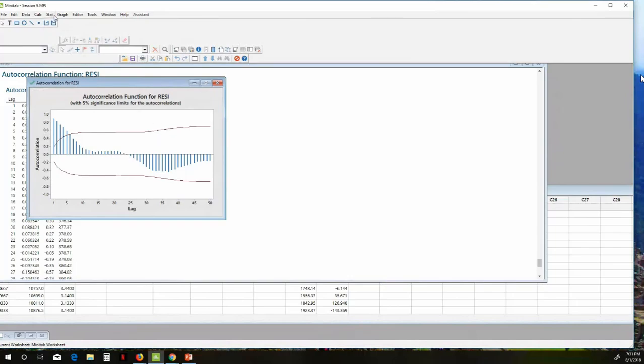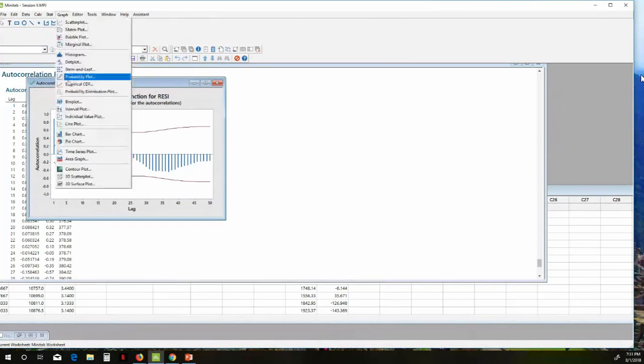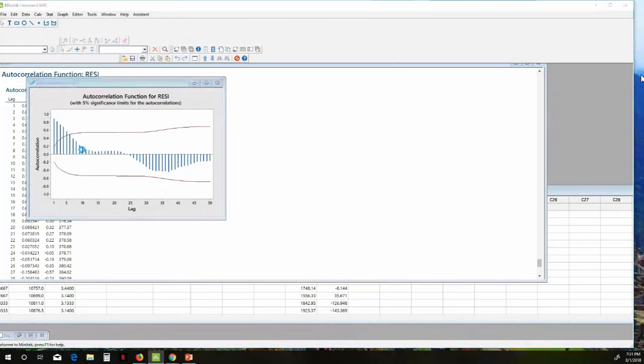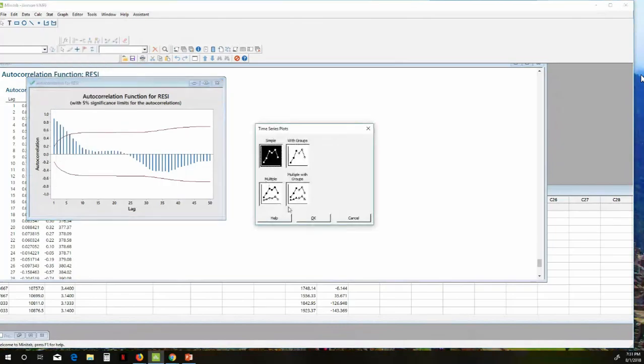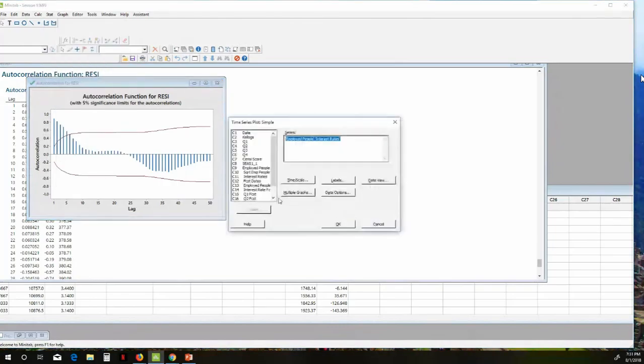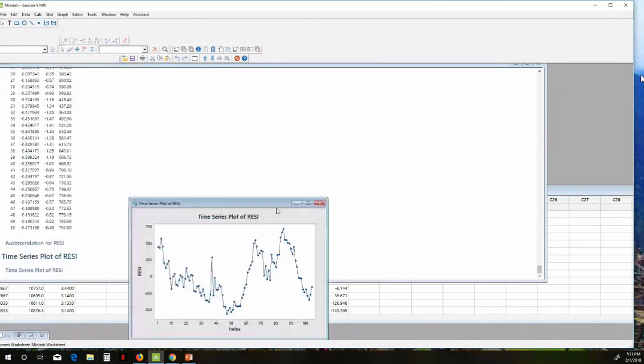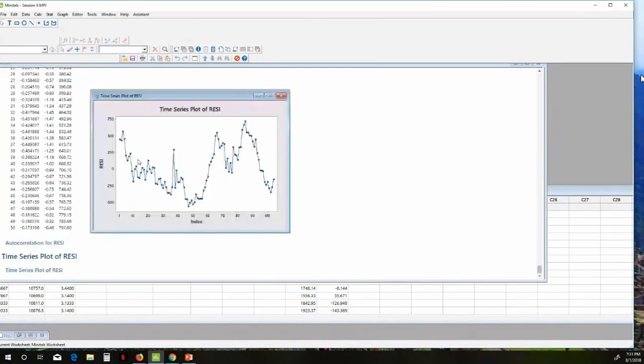In fact, if we wanted to, I could do a time series plot of the residuals. That's what I started to do anyway. And you could see that those babies have a very strong cycle pattern in them, don't they?